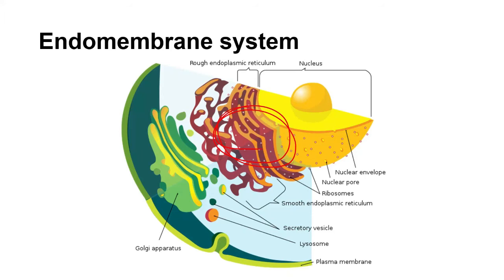And then several of them are grouped up and shipped out in a secretory vesicle. So a vesicle is just a pinched off piece of the membranes from the endoplasmic reticulum. So here we have that one here filled with proteins, and then it goes to the Golgi apparatus.